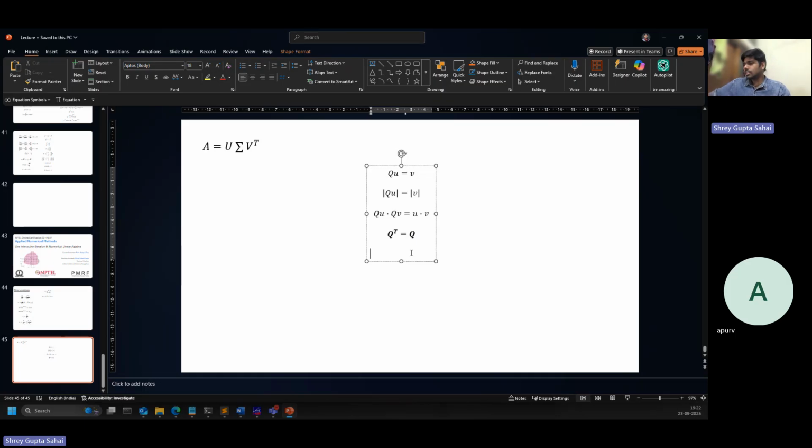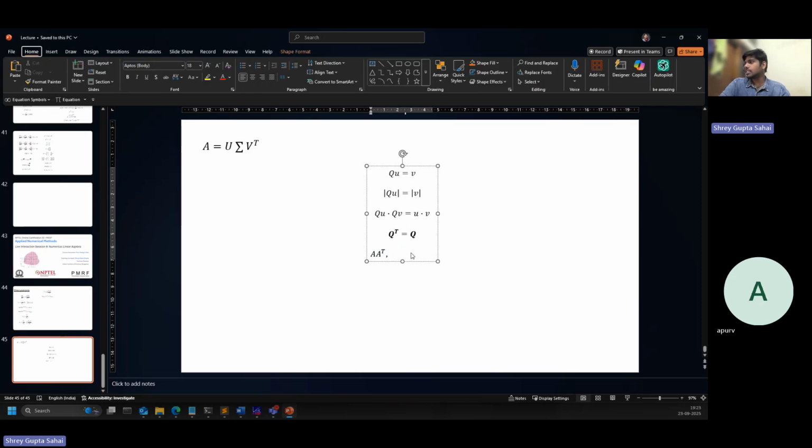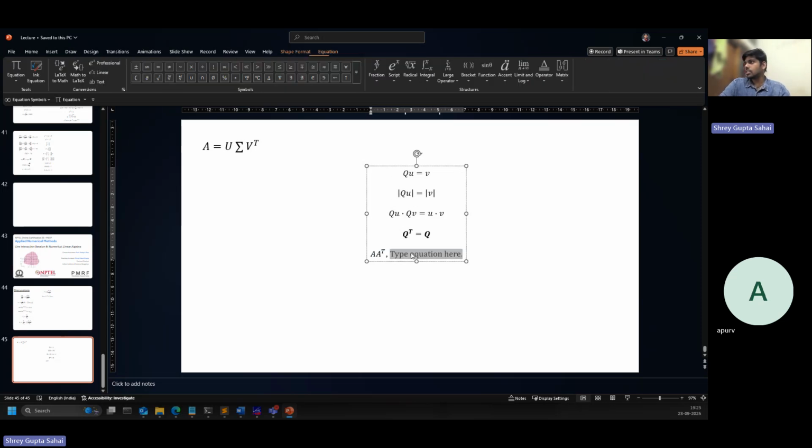Symmetric matrices are very nice, and this is where the power of singular value decomposition comes from, I feel. So let's quickly look at it. See, A transpose A are quite special formations.